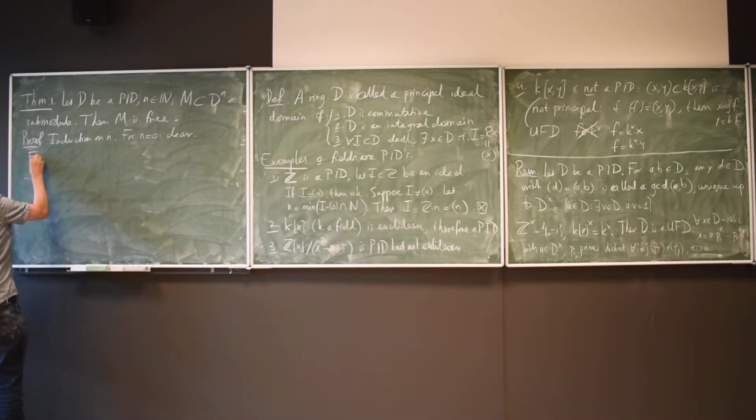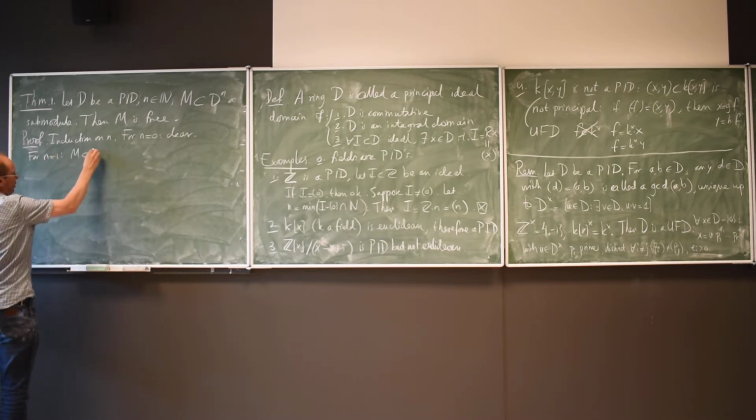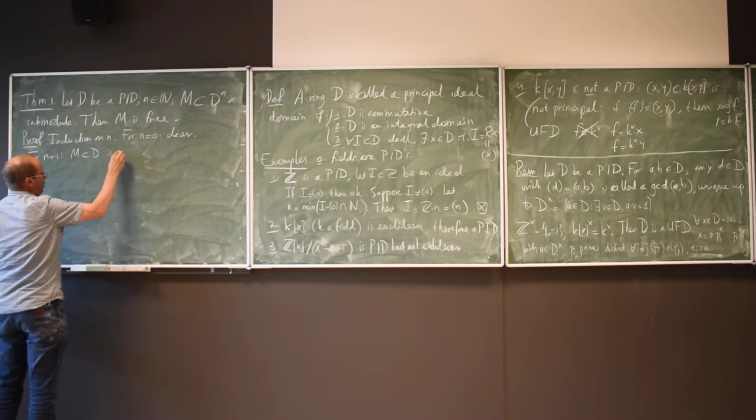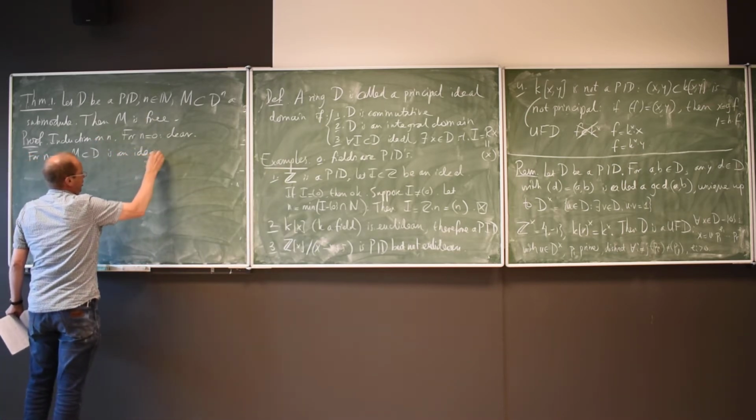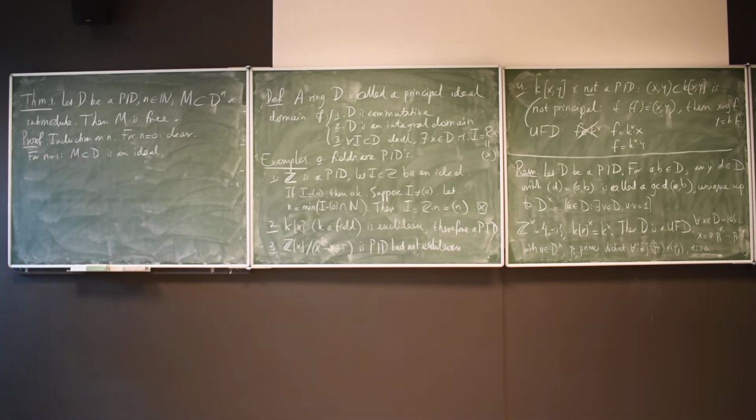For N equals 1, we have M inside D is an ideal. If I am in D to the 1, then D to the 1 is D. And this is an ideal, and precisely the fact that every ideal is principal gives me a generator for the ideal.